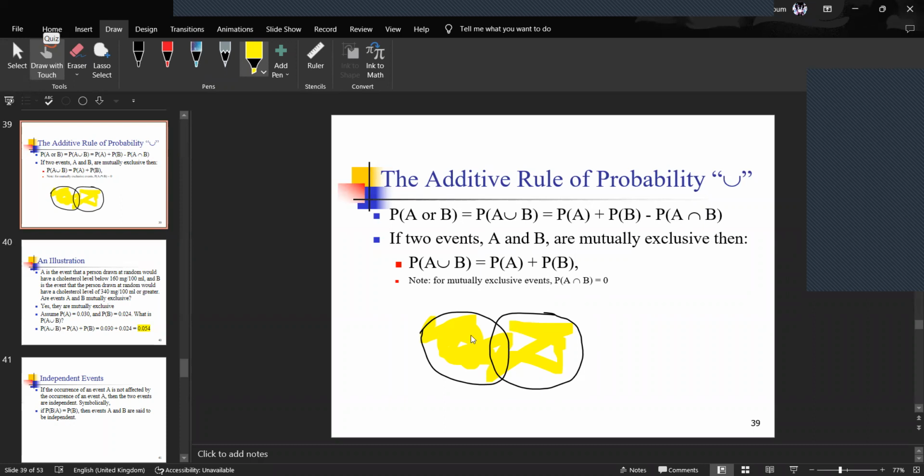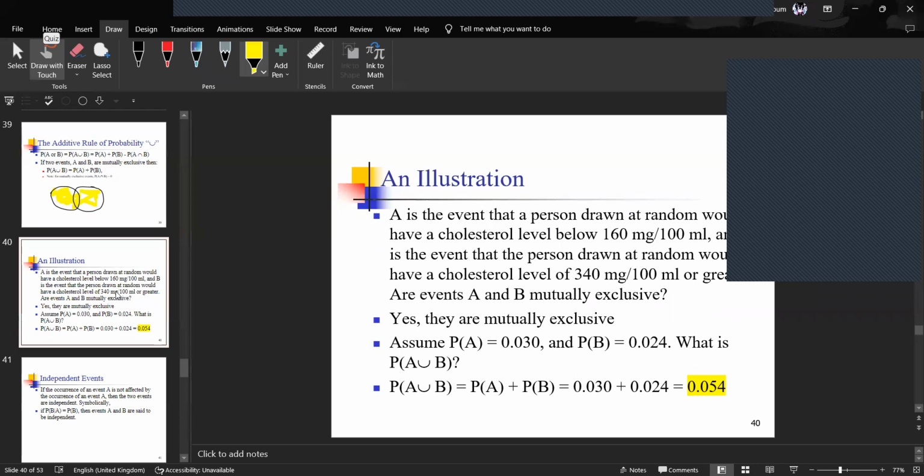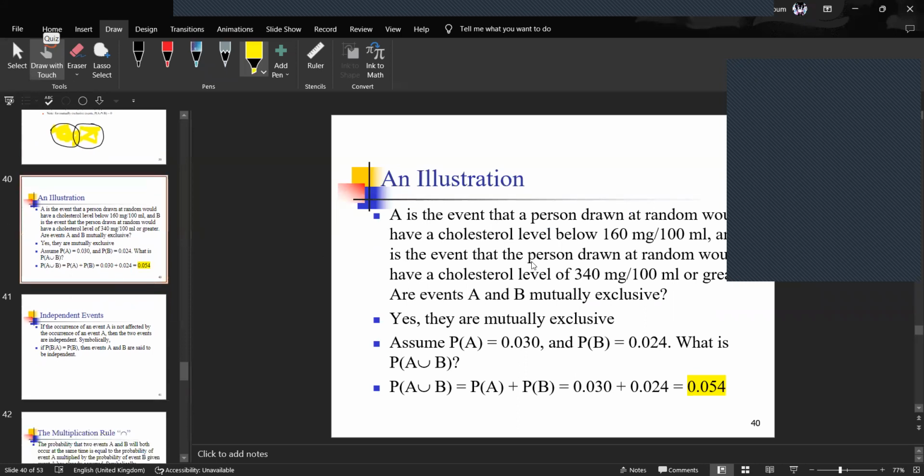So the union is just the probability of A plus the probability of B. Again, this is for mutually exclusive events. Here's just an example of the calculation. Feel free to go through it yourself.